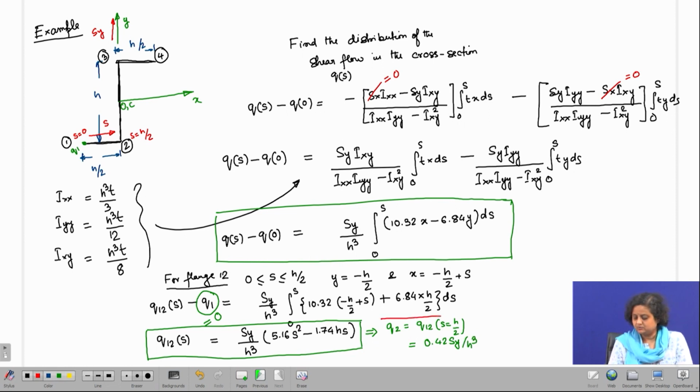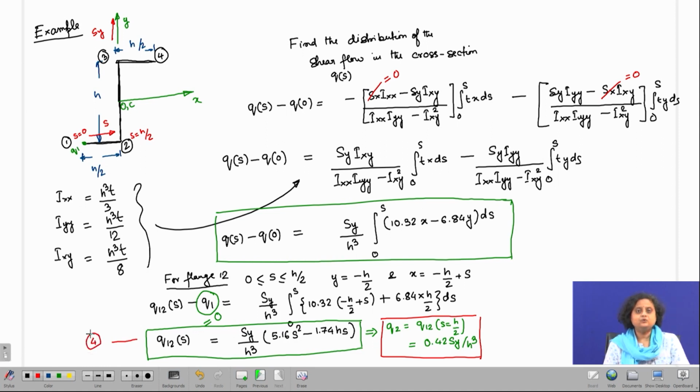So, this is Q2. Therefore, we have got the distribution of Qs in the flange 1 2 by using this expression. Let me call this equation 4.